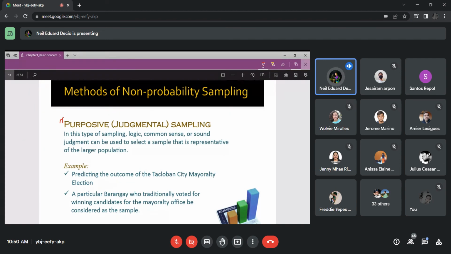Maggagawa ako ng classwork sa Google Classroom natin, and then i-comment nyo doon yung members ninyo. And I'll be the one to assign which would present first to last. Okay? Are we clear on that?